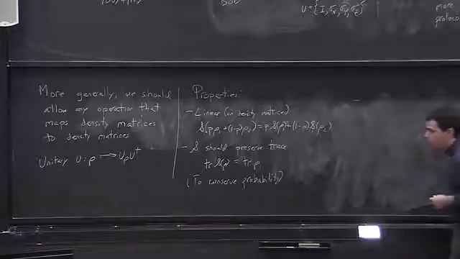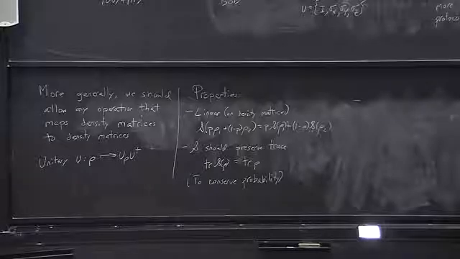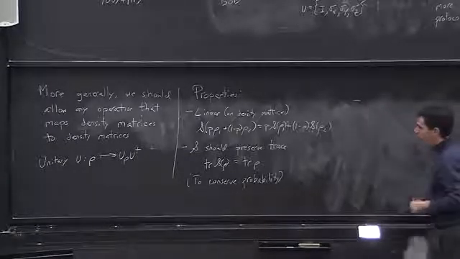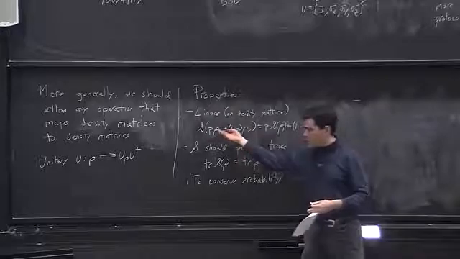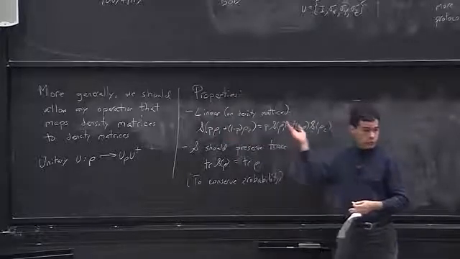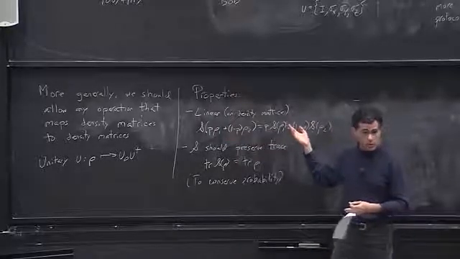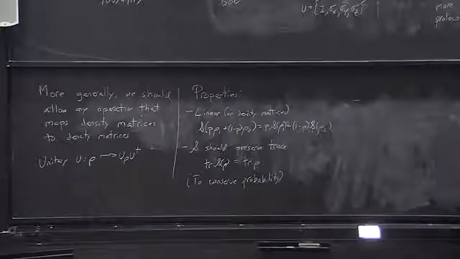So what else? Well, density matrices are positive matrices, right? All the eigenvalues are non-negative. So that means that S should take a positive matrix into a positive matrix. Because if S of rho had a negative eigenvalue, that would correspond somehow to a negative probability, whatever that would mean.